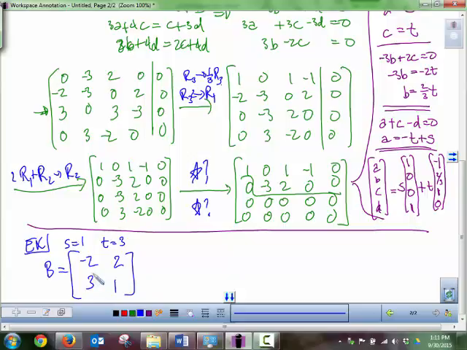Okay? That's what that means. Does that make sense? Should we check? I'm just going to check real quick. It should still be the same, should be equal.